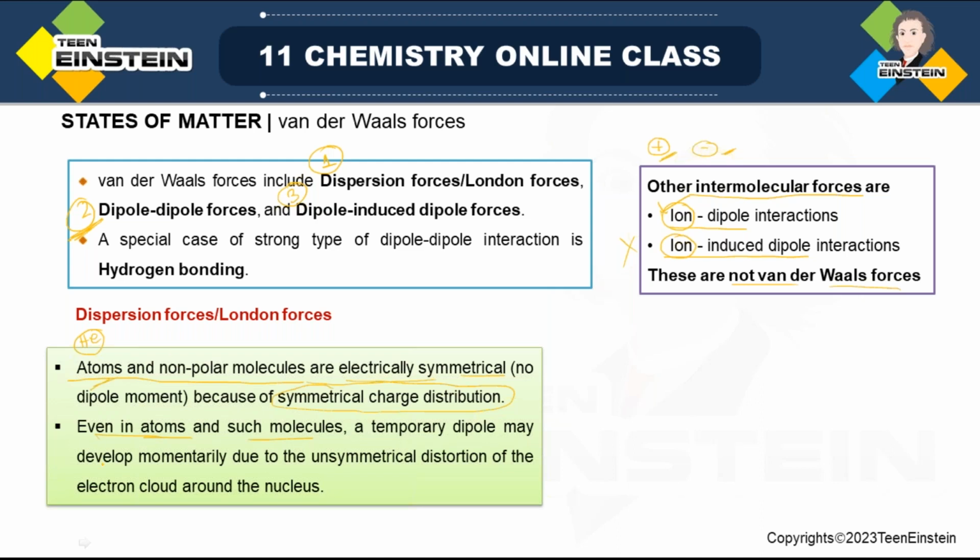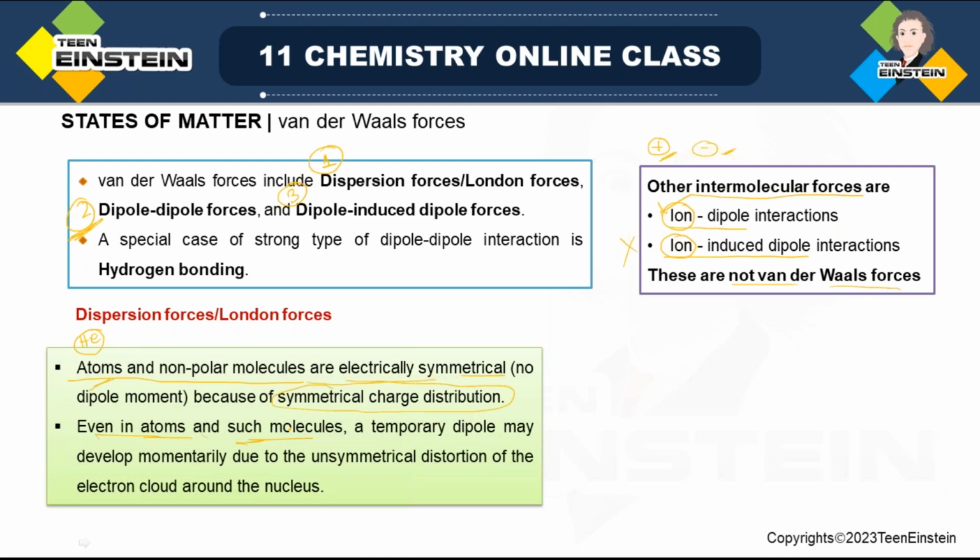That is mentioned in the second line: even in atoms or such molecules, meaning non-polar molecules. Though it is non-polar, and we can think that charge distribution is symmetrical, so how will any polarity be generated? But even in atoms and such molecules, a temporary dipole may be developed, and that is for a momentary condition.